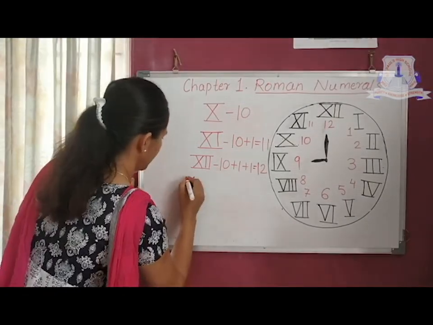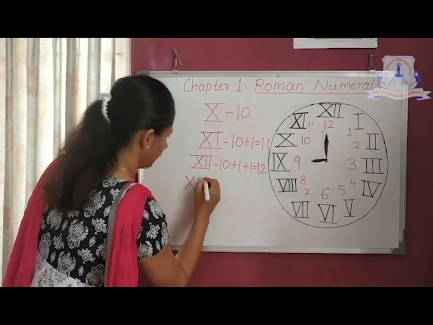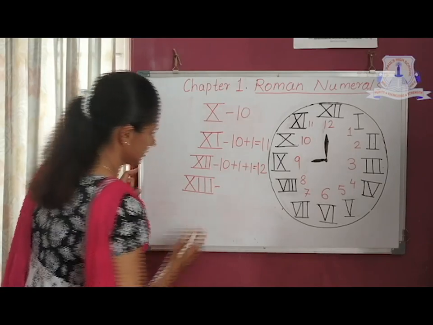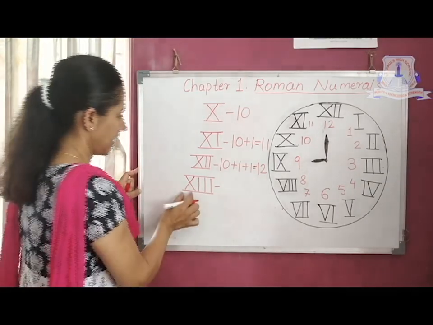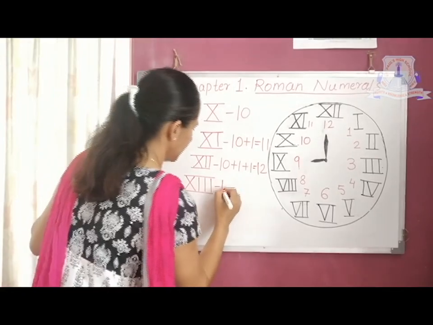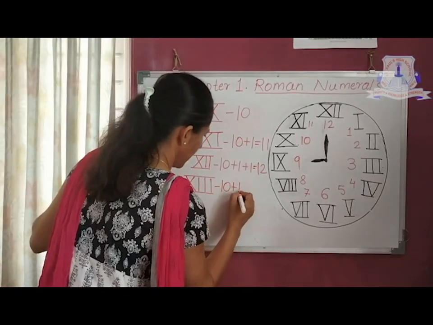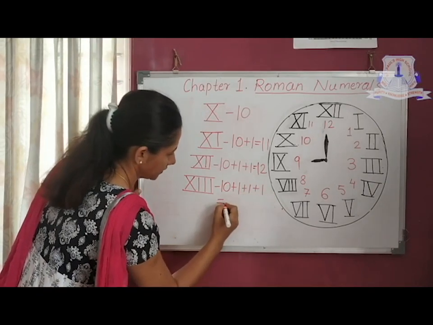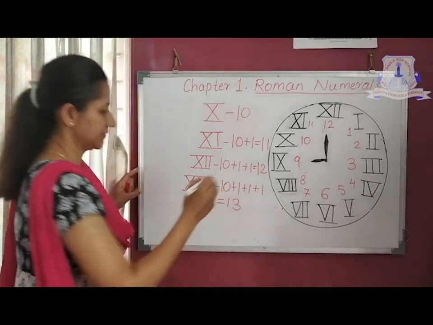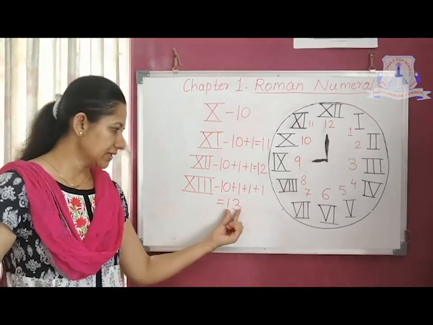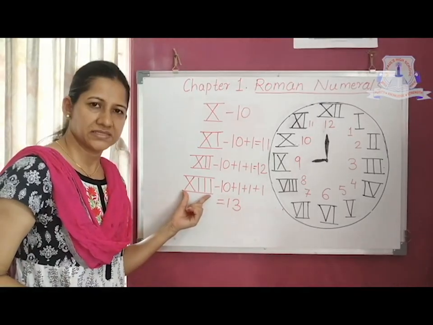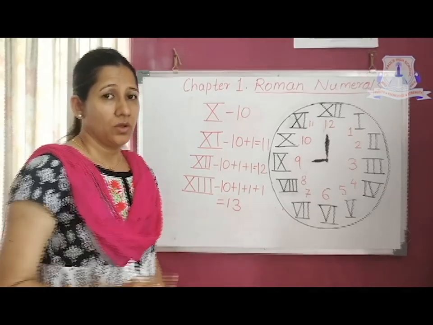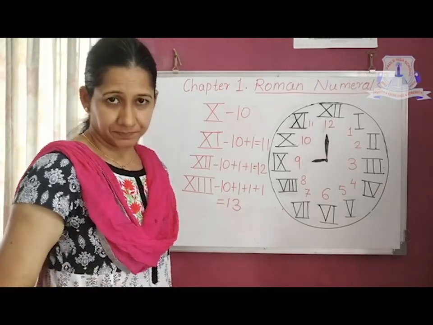This will be X plus 1 plus 1 plus 1, so that is X plus 3I. So that will be 10 plus 1 plus 1 plus 1, which I am writing over here. It's equal to 13. So that's the way number 13 is represented by this symbol, that is X and 3I.